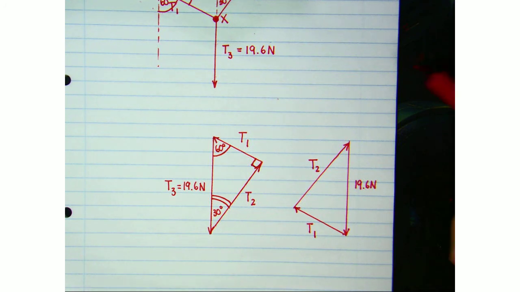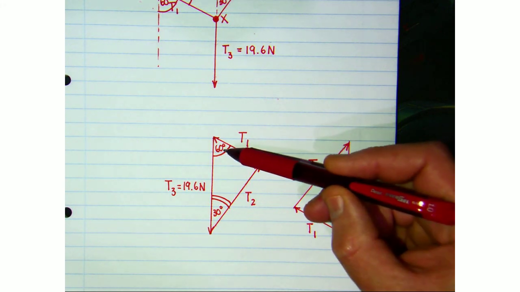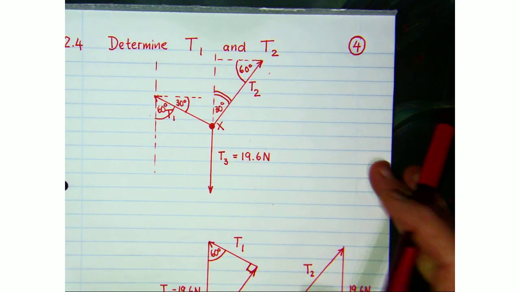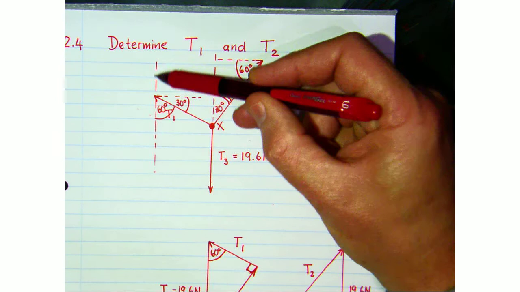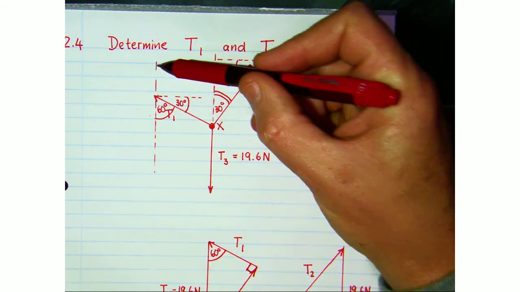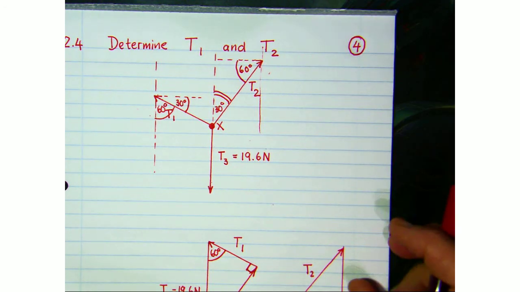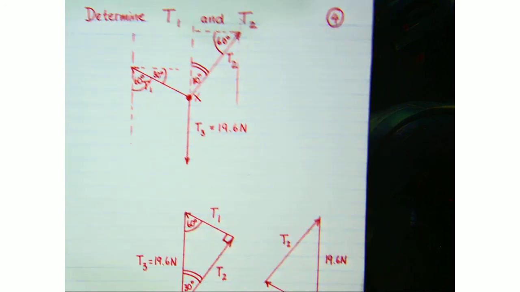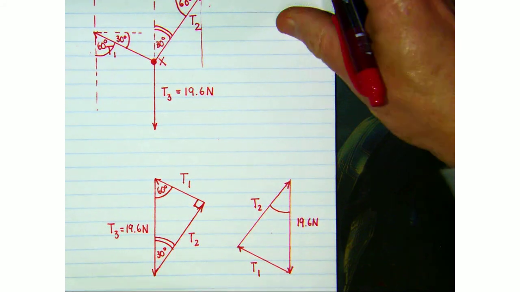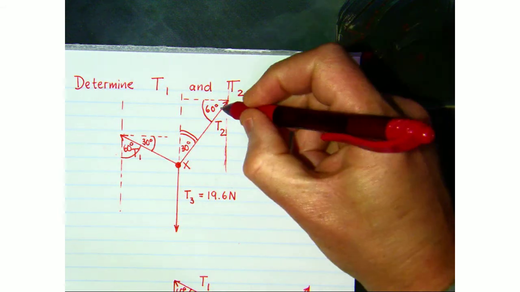So the toughest part of drawing the triangle of forces is really just filling in the angles. But as I said to you, if you draw some vertical lines through the point where all the forces are acting, and maybe another point, you can start to determine what the angles are. So if I was working in this diagram over here, I need this angle, and if I go to my diagram, if I've drawn a vertical line through that point, then I can see that this is 30 degrees.